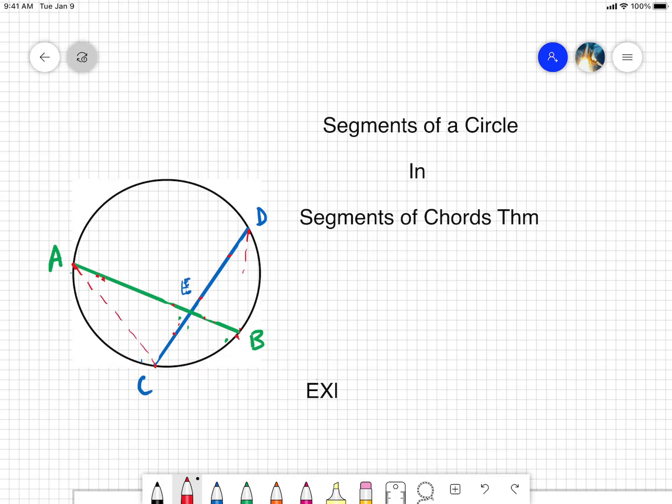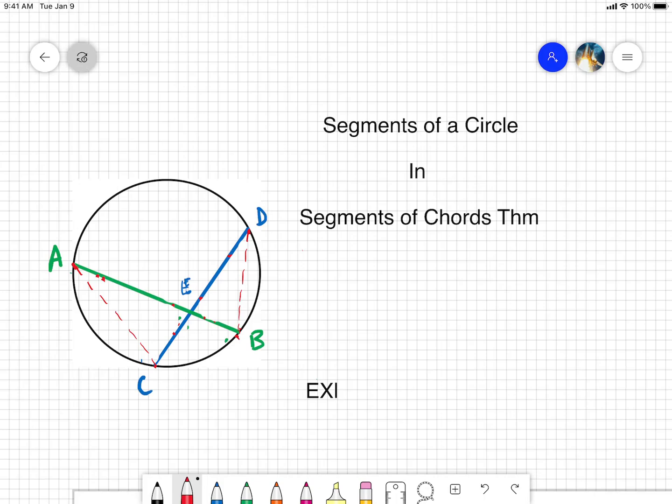Before we get started, I'm going to create these triangles in order to see where this comes from. So in this circle, we have chord AB and chord DC intersecting at point E. Hopefully you can tell that the chords are not congruent. They're slightly different sizes because we want to look at what happens for any general case.